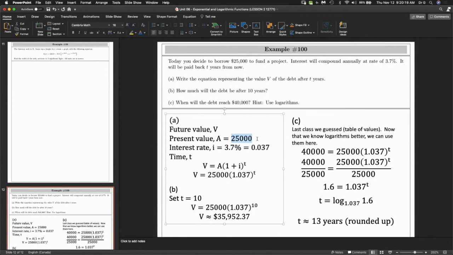But then you need to add it back to the 25,000. So the 1 is like saying I have to add it back to the 25,000. So if you want, you can say 1 plus is what you have plus the extra stuff you're getting, which is the i. It's a very good question.